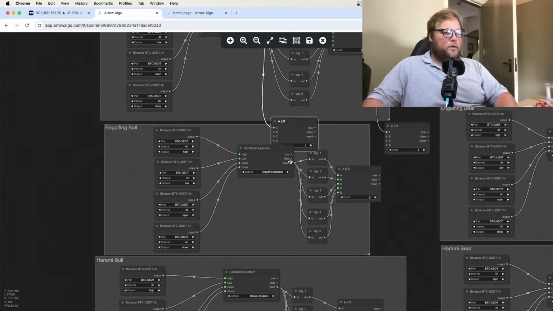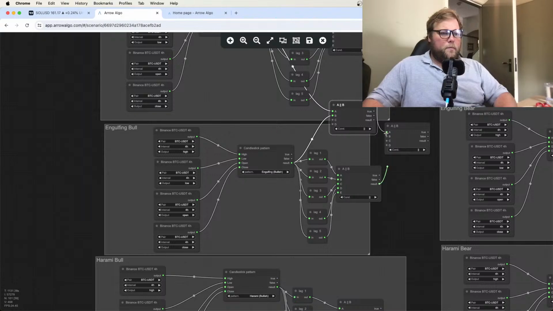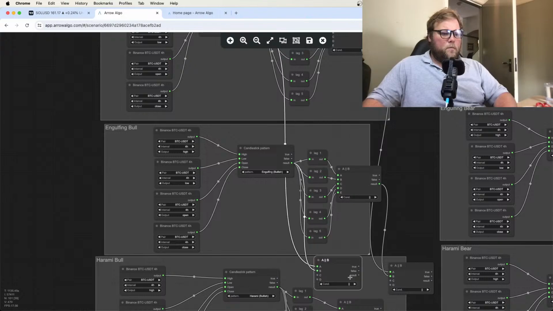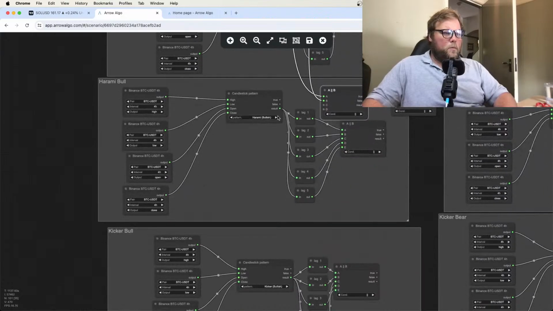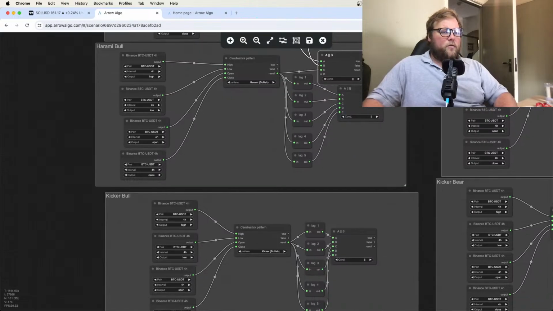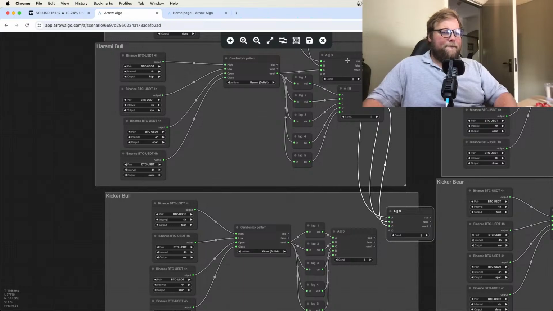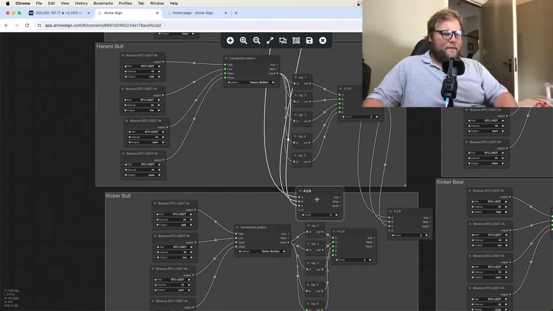Whether the current candle is an engulfing, or whether any of the last 5 have been engulfing. And then the same for a harami. And one more for a kicker.